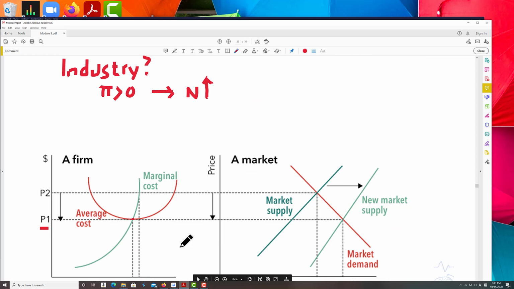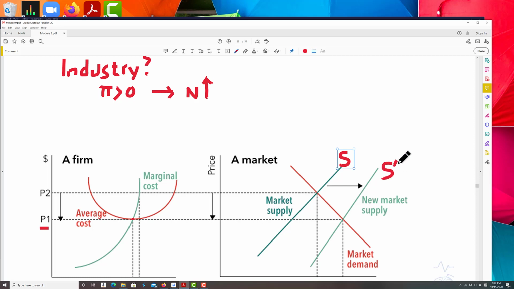So this diagram illustrates the industry's response to a positive profit. Suppose the price of the product is above the minimum of average cost. The representative firm is earning profits, so more firms will enter the market, shifting the supply schedule from S to S prime.